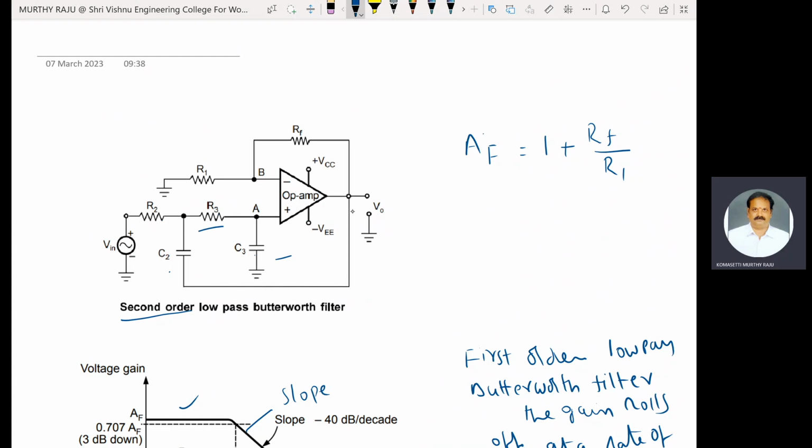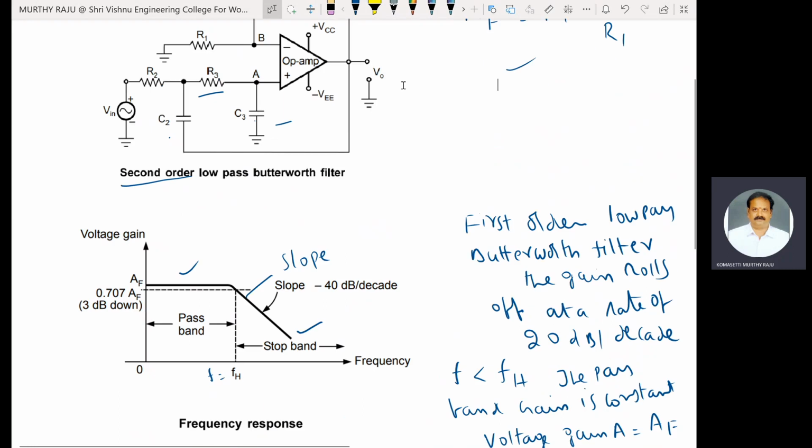The op amp configuration here is non-inverting configuration. The gain of that non-inverting op amp configuration is AF is equal to 1 plus RF by R1. Here, coming to the frequency response. At f less than fH, the pass band gain is constant, that is equal to AF.